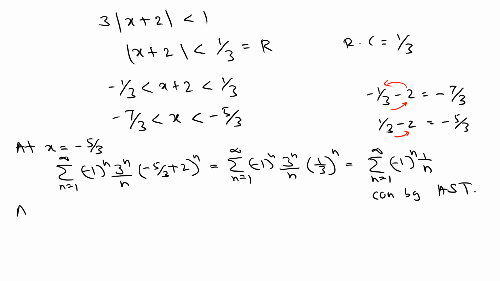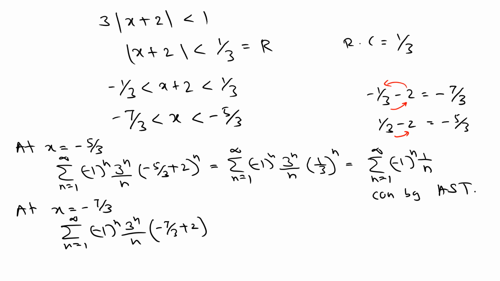And then at x equal negative 7/3, sigma n going from 1 to infinity, negative 1 to the n, 3 to the n over n. So negative 7/3 plus 2, very similar simplification, we have negative 1/3 now.